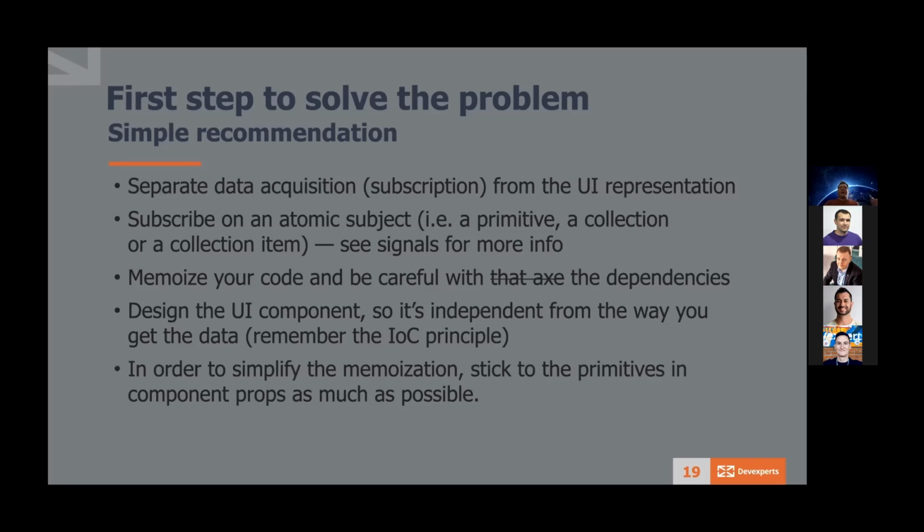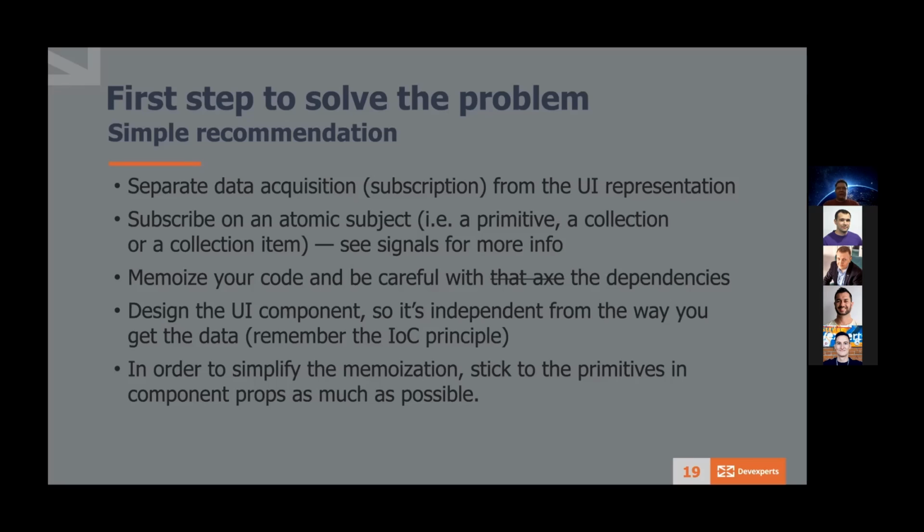And in order to simplify the memoization, stick to the primitives in props as much as possible. Or collection items. So don't pass a lot of stuff inside the object, because the memoization likes primitives because you can just compare two strings and it will be okay.